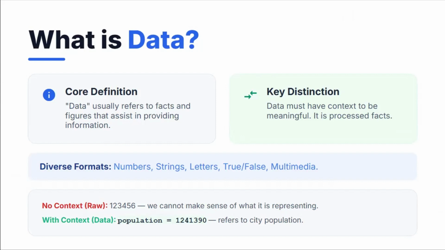So there the context is available. So we know, okay, I am referring to the city's population. So without any context, numbers, names, whatever you put, it is meaningless. Okay. Now next one.